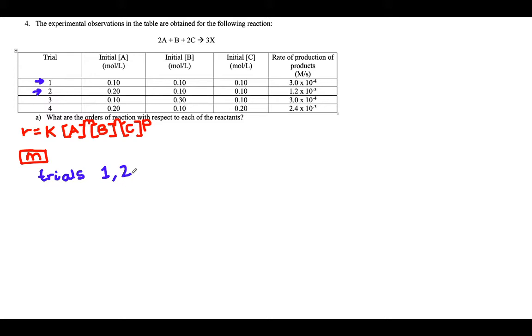Now what I'm going to do is look at how the concentration of A is changing between those trials. So the factor by which the concentration of A changes. So let's write that in.